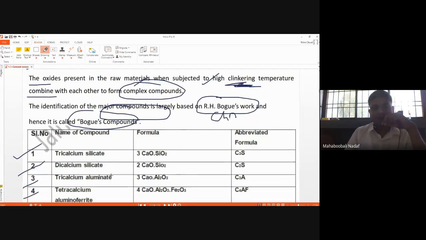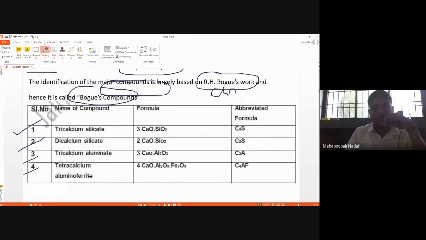What are the four major compounds which are present in cement, in the dry cement? Tricalcium silicate, dicalcium silicate, tricalcium aluminate, tetracalcium aluminoferrate. Very, very important. Tricalcium silicate is abbreviated as C3S.